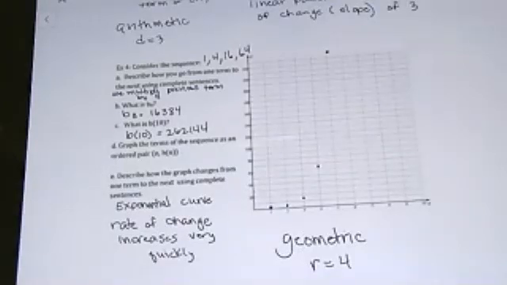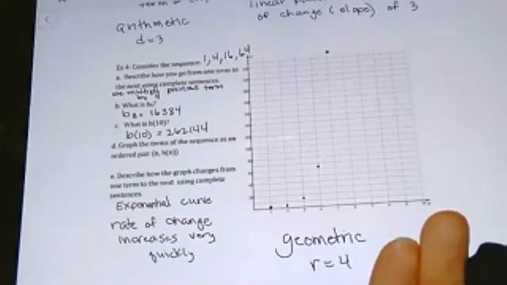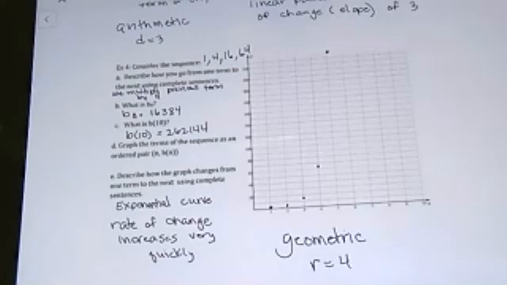Okay, so let's see where we're at here. Good, just in time. So your Delta Math tonight is going to have you look at sequences, and then you're going to make a choice with a little drop down. Is it arithmetic? Is it geometric? And then with the drop down, you're going to also say, does it have a common difference? Does it have a common ratio? If it's arithmetic, it's common difference. If it's geometric, it's common ratio. So you just do the drop down on that, and then you type in the value.